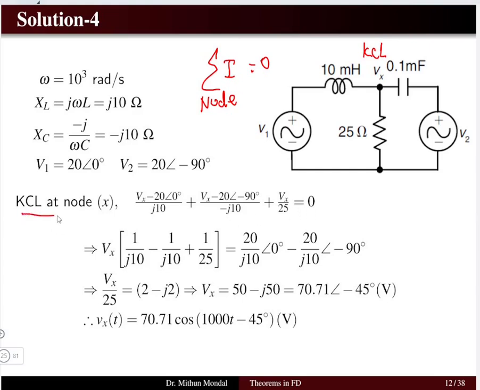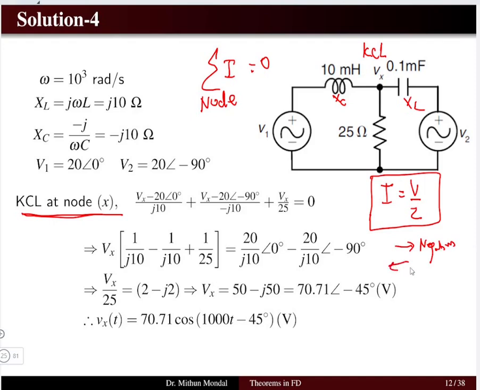Now we can write the KCL equation at node X. We can convert these into equivalent capacitive reactance and inductive reactance, and then write the equation of current as V by Z. So we can write the current as V by Z, and take appropriate sign convention. We can take the current entering the node to be negative and the current leaving the node to be positive, and these depend upon the user, how to take the sign convention.